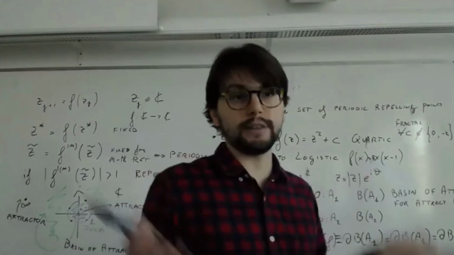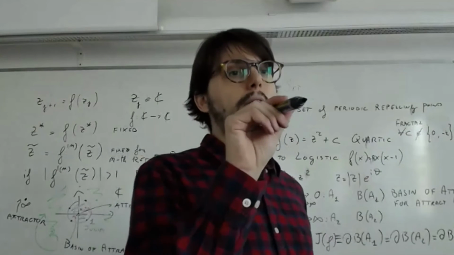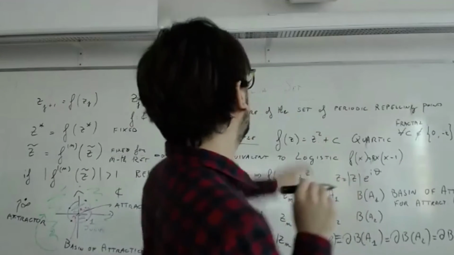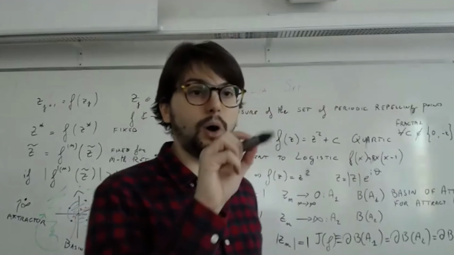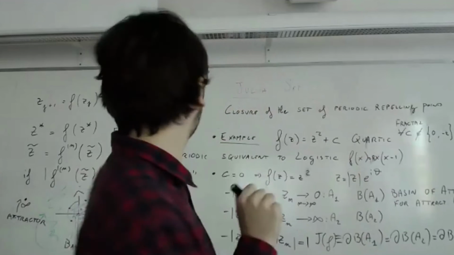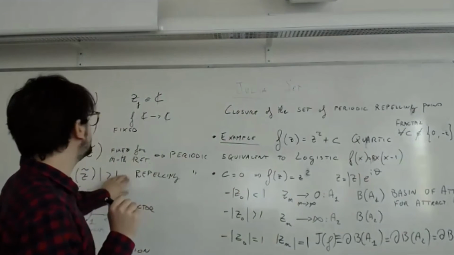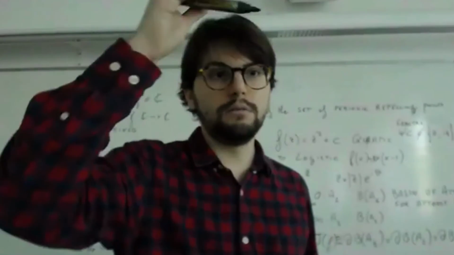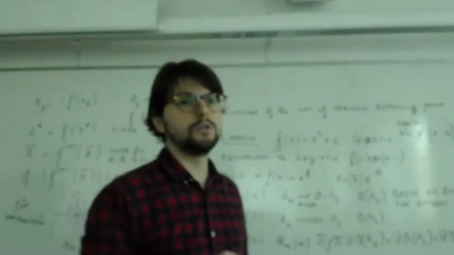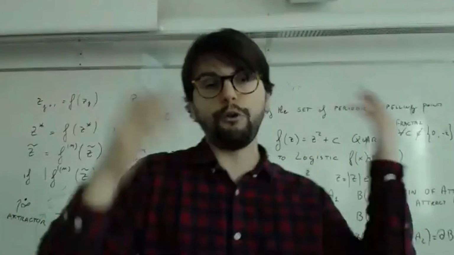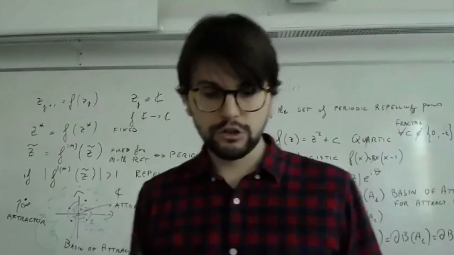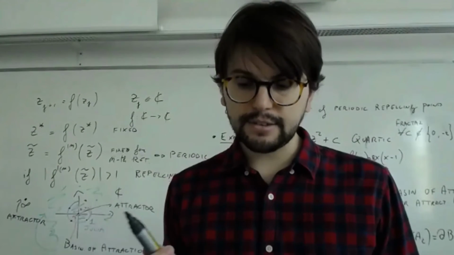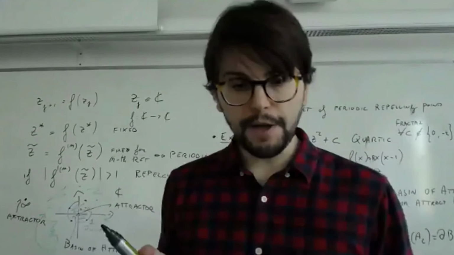We'll assume this fractal shape. And then as soon as you move out of the boundary of the set of periodic repelling points, the repelling points defined like this, having derivative greater than 1, then you will slide to one of the 3 or 4 or many attractors.